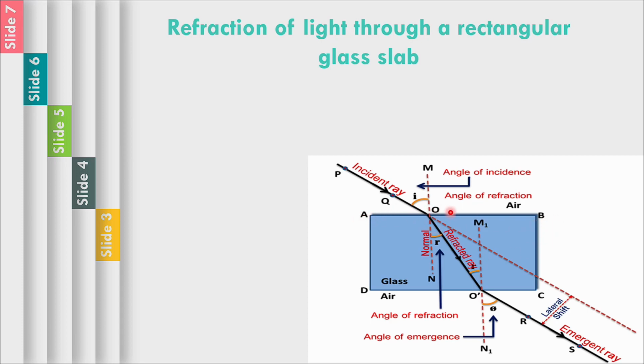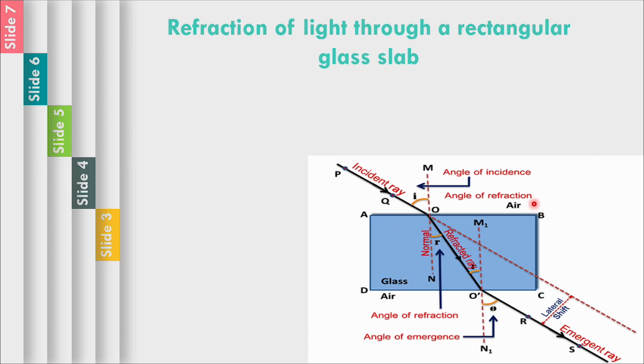This O is the point of intersection, and MN is normal to the surface. When the light falls on the refracting surface AB, it is bent. According to rule number 1, the light ray bends towards the normal, this one, O dash.